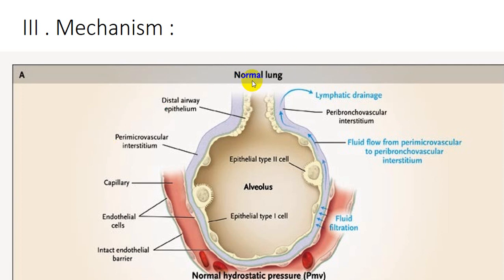You can see the normal lung. The picture is a normal lung. We have alveoli in the normal state. You can see the capillary. The capillary surrounds the alveoli and receives oxygen and transfers carbon dioxide in the opposite direction from the capillary to the alveoli.